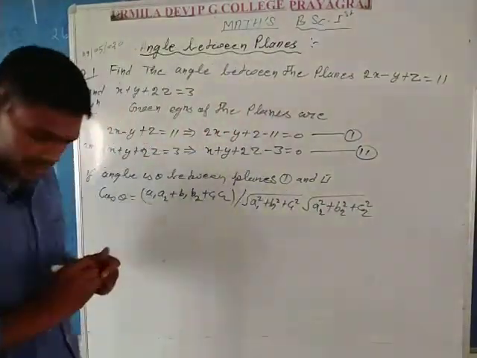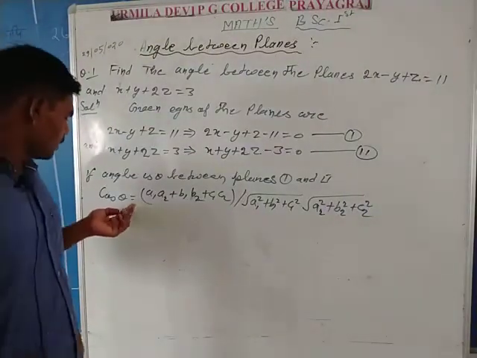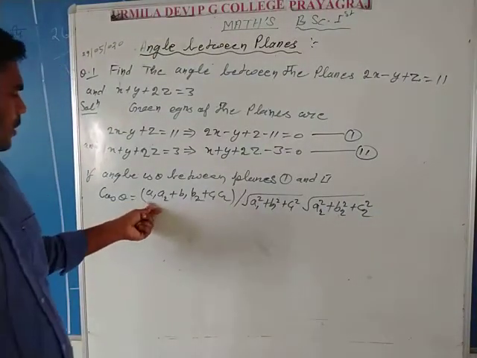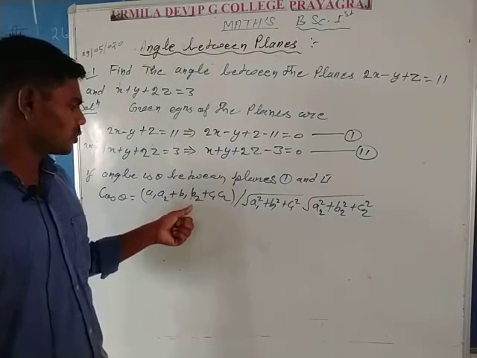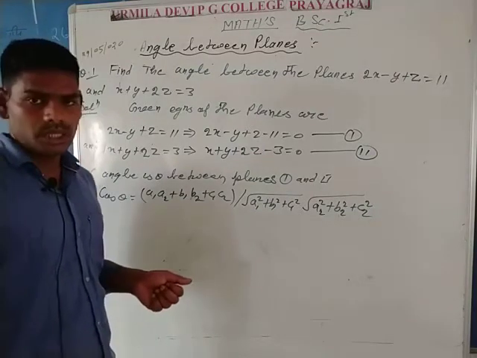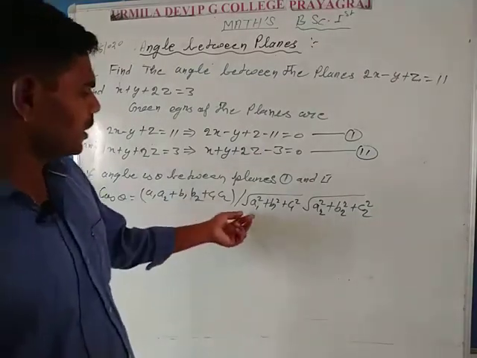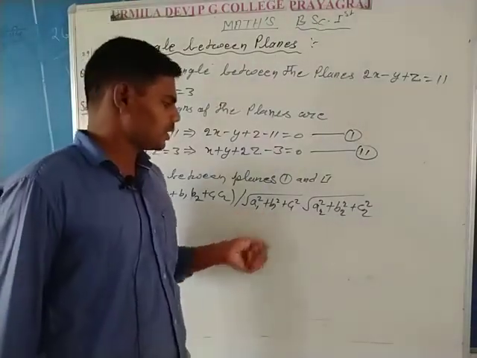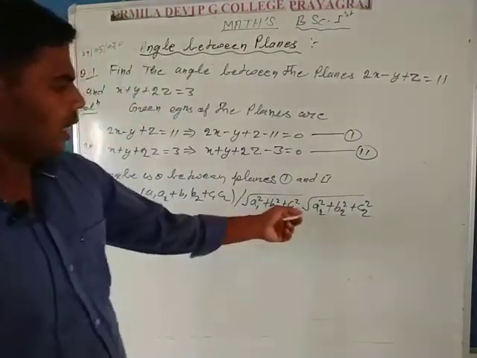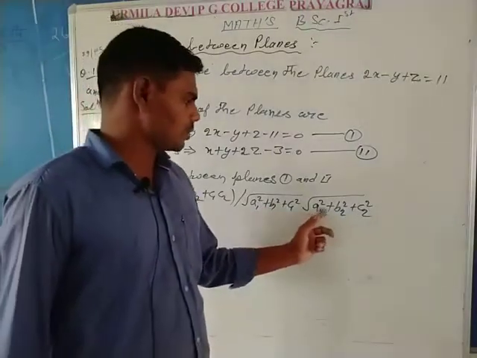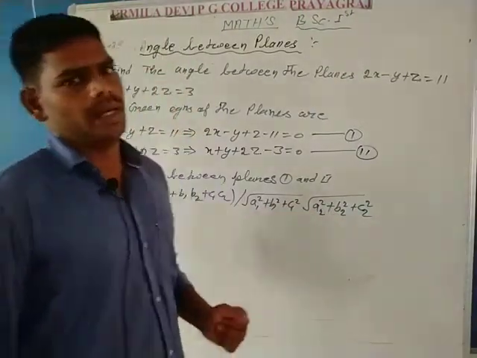In this formula, cos theta is equal to a1 times a2 plus b1 times b2 plus c1 times c2, divided by under root of a1 square plus b1 square plus c1 square and under root of a2 square plus b2 square plus c2 square.